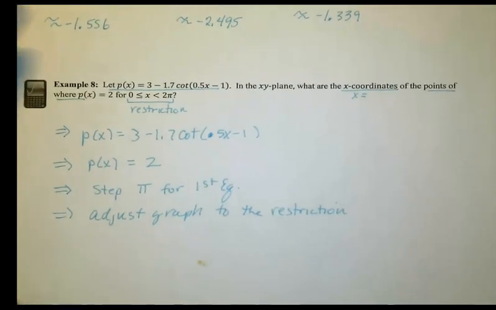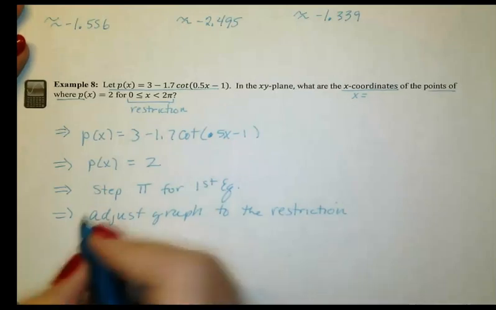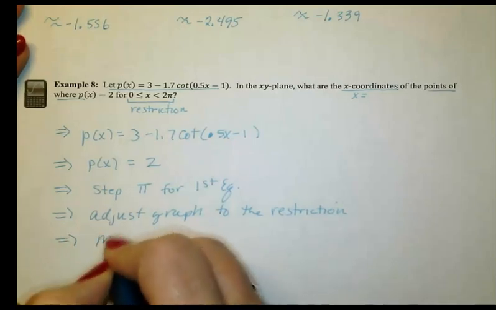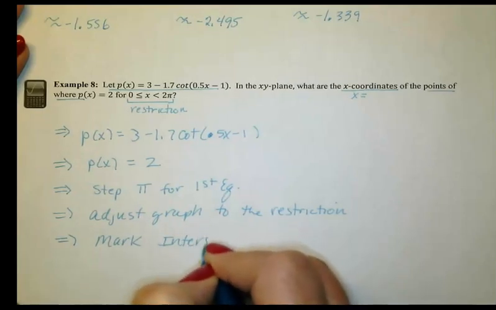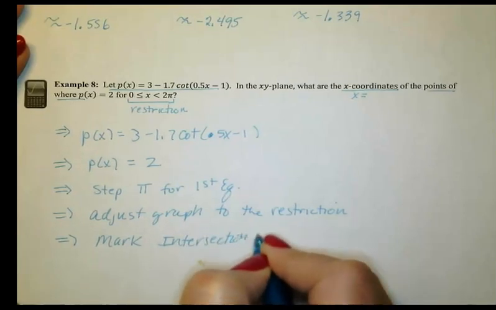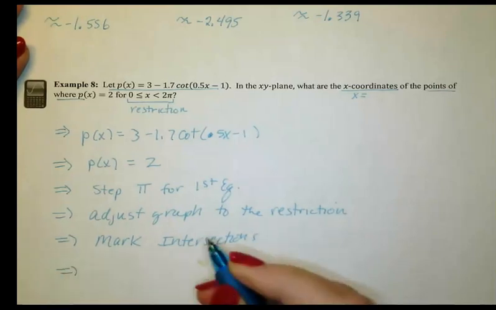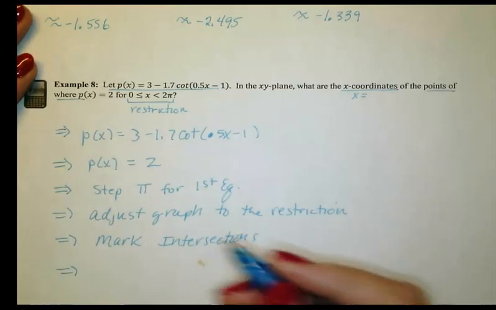That way we can see from 0 to 2 pi. That's really easy to do in Desmos. You just move the graph around and zoom in. And then we're going to mark the intersections. And finally, check the answers that are within my restriction.